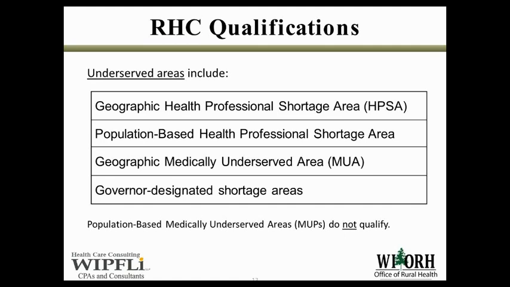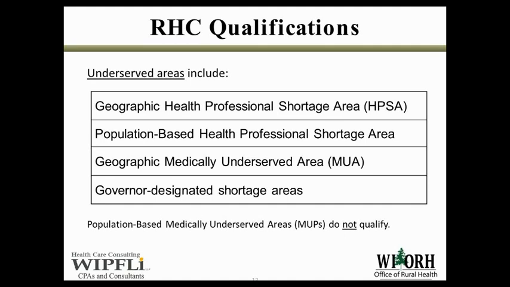But even though the designation is population-based, the rural health clinic designation doesn't just require the RHC to provide services to that given population. So an area that has a valid and current population-based health professional shortage area is open to rural health clinic certification for the entire population of that area.